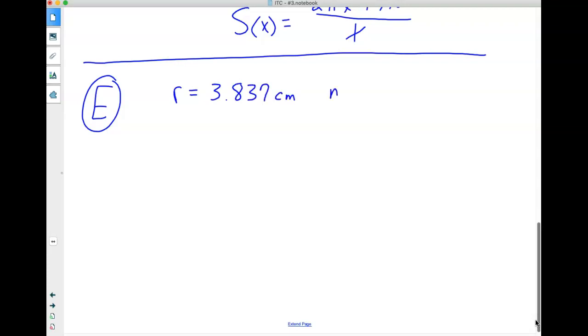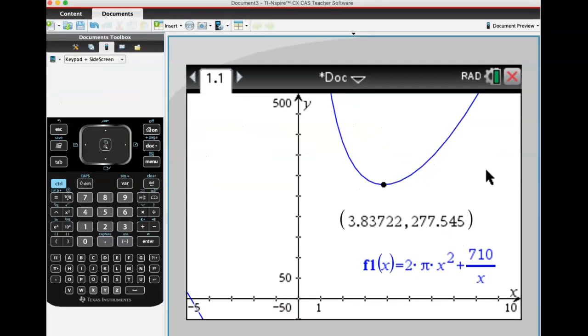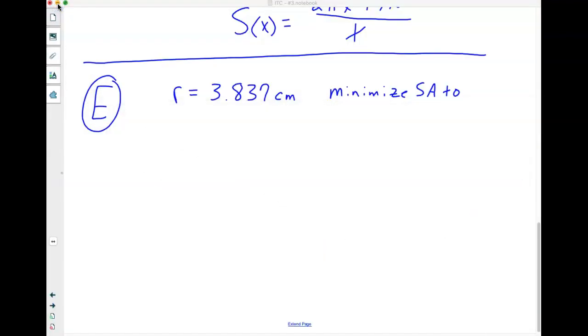You minimize surface area to, I forget what it was, 277? 277.545. Okay, you don't have to write this here. That irritates me when I do that all the time. You'll all laugh at me when we come to school, and I always do that. 277.545.